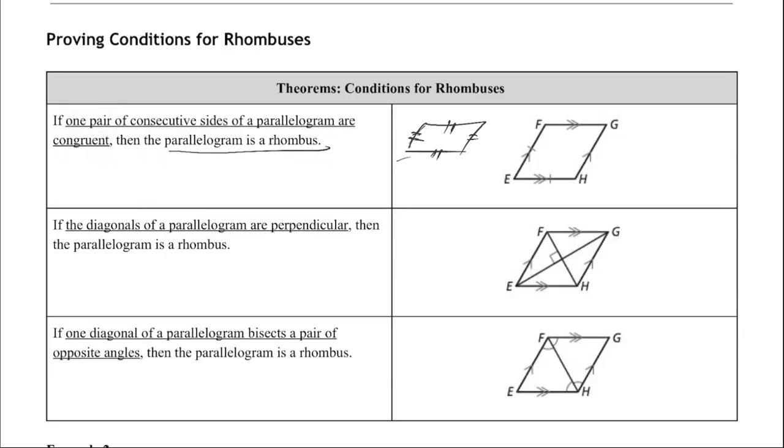Okay. And then the other condition is that if the diagonals of a parallelogram are perpendicular, then it must be a rhombus. How's that so, guys? Well, because it's a parallelogram, we know that the opposite sides are congruent, like this, right? If this is a right angle, you know that by vertical angles, this must be a right angle too. True. Okay.